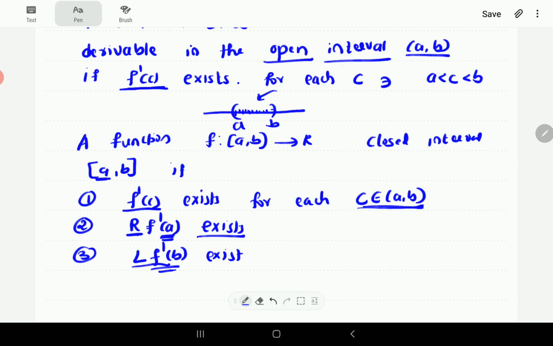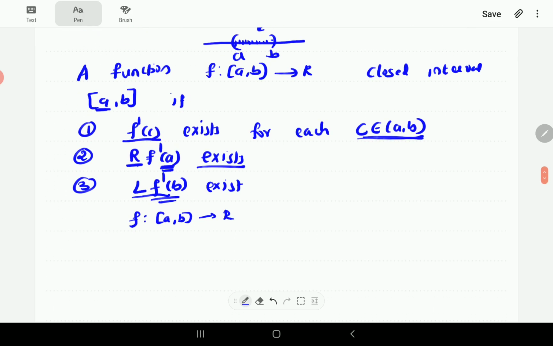If these three conditions are satisfied, then we say that the given function f from the closed interval [a, b] to R is derivable. That is the difference between the open and the closed interval.